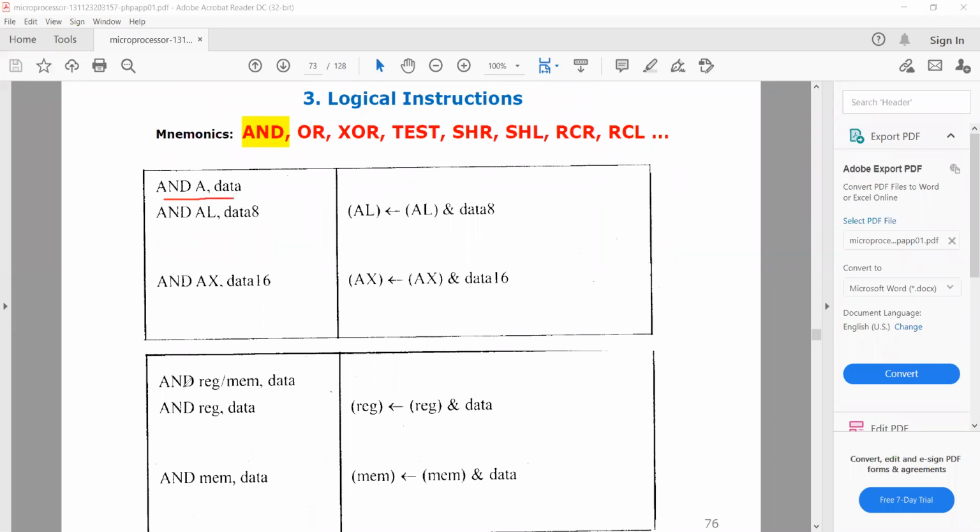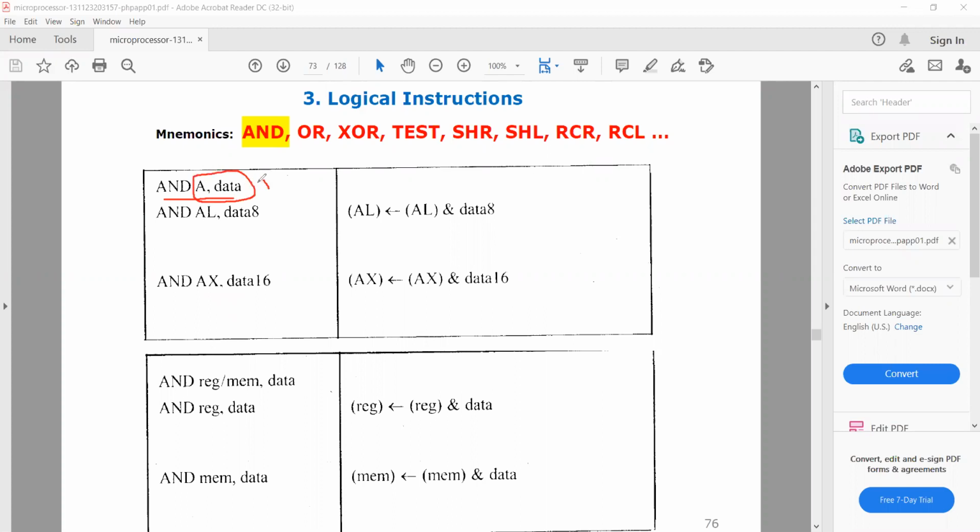The second kind of AND instruction depends upon the addressing mode. I told you that addressing modes are very important in understanding the instruction set. So this is one kind of addressing. What kind of addressing?